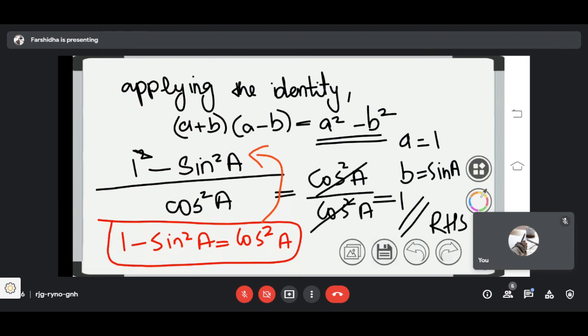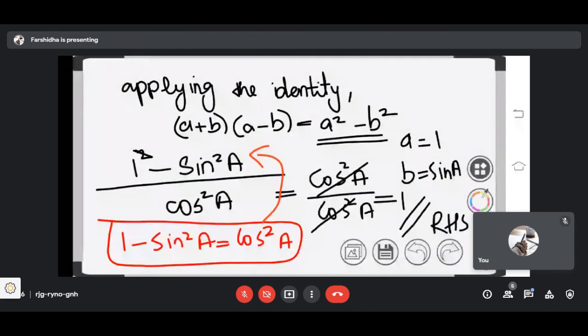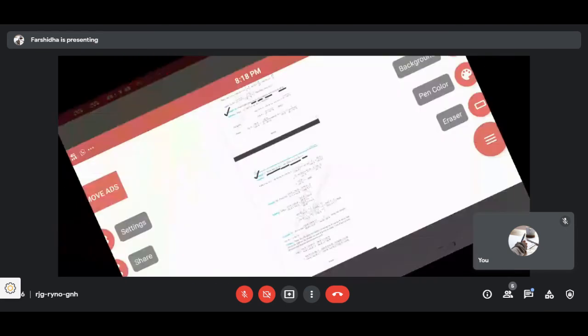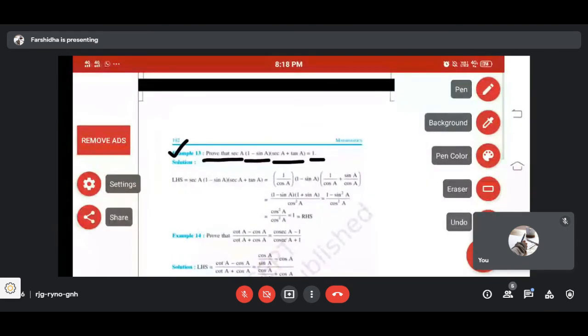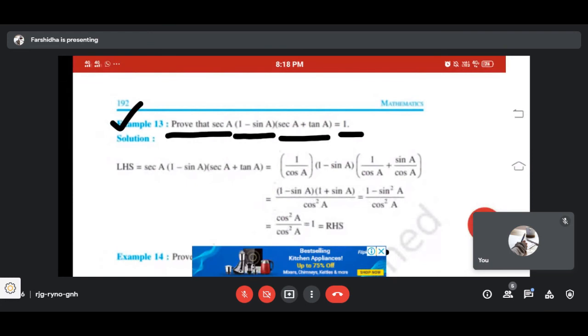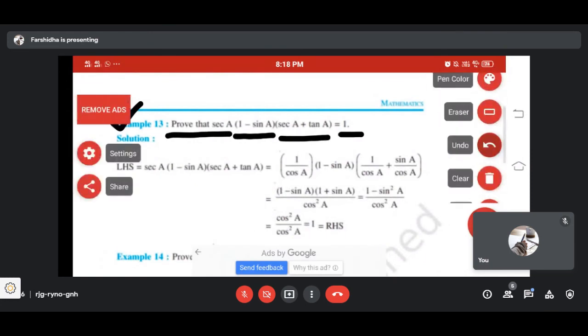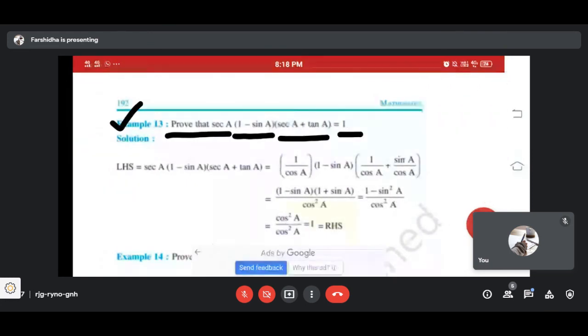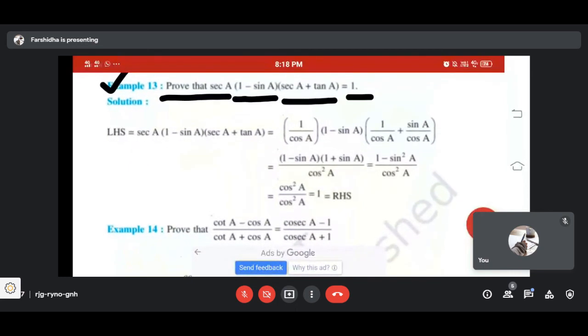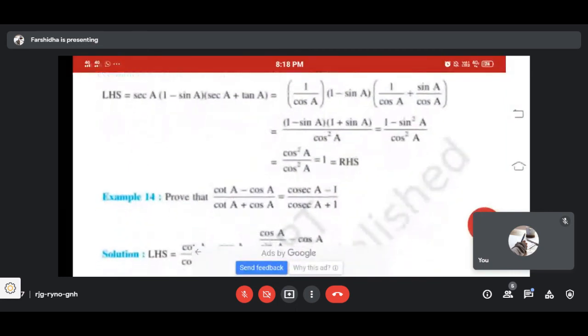If there is no doubt regarding this example, we'll move to the next one. So done with example number 13.